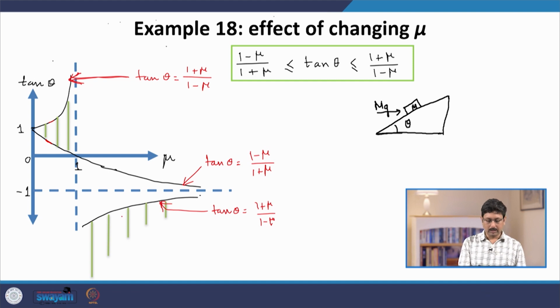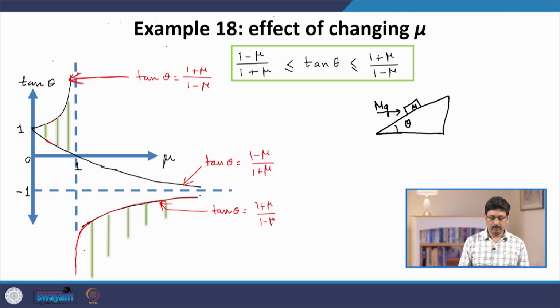This means that when theta is bigger than 90 degrees, tan theta is a negative number. If you take theta a little bit above 90 degrees, then tan theta is a huge negative number. So, that represents this part. This curve diverges asymptotically, going to infinity.